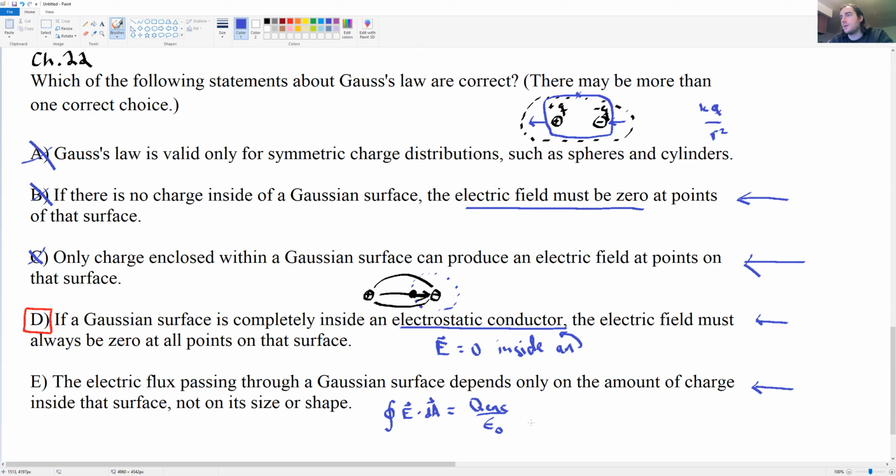Okay, so E is a true statement as well. So the correct answers here are D and E. So that was probably a tough question, huh? All right, so I'll go ahead and pause the recording now, and we'll be back in a moment with the next question. I'm going to give everyone a chance to ask me questions who's here with us live.